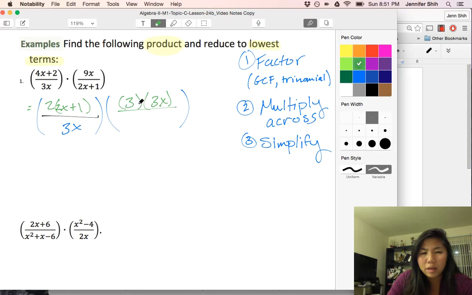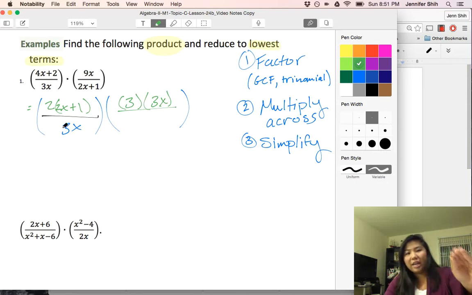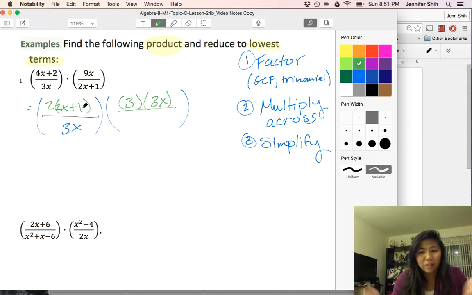And I'm thinking ahead because I see a 3x in my denominator, and it doesn't hurt if I factor it and it doesn't need to be crossed out, then it just gets put back together. So I'm just playing it safe and factoring out a 3 and a 3x. And then in my denominator, I have left over just a 2x plus 1.